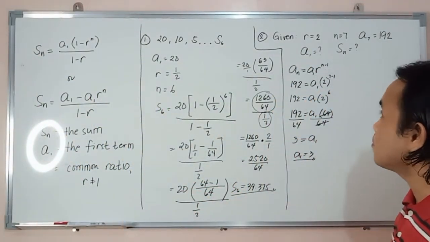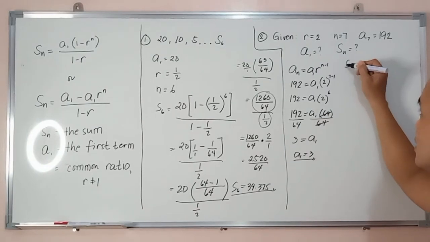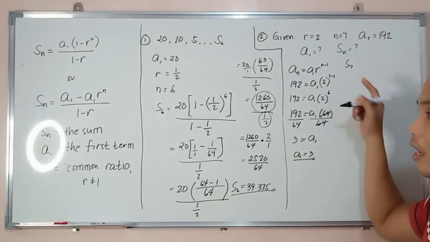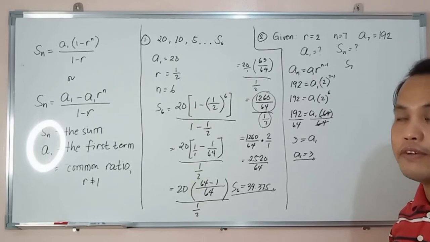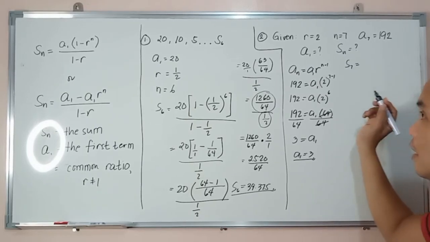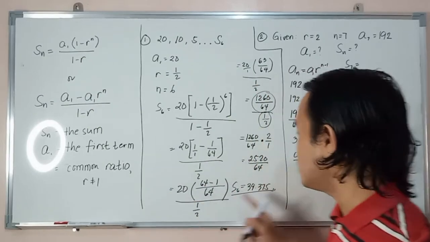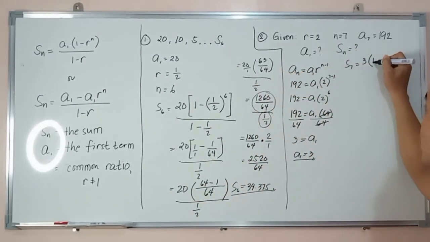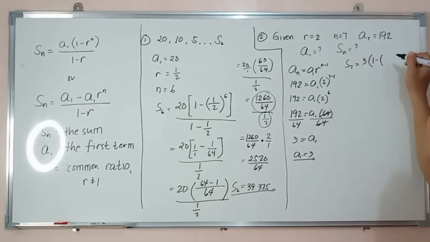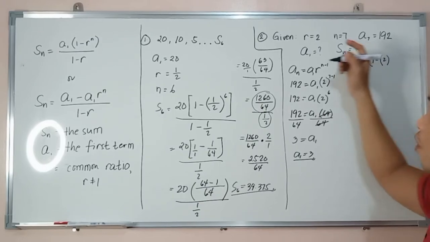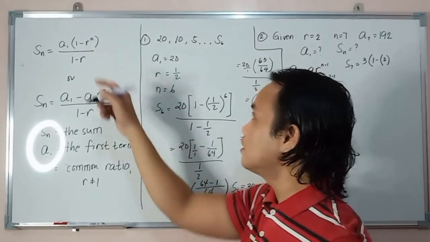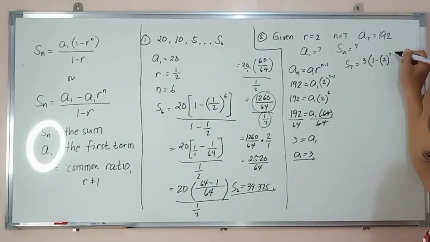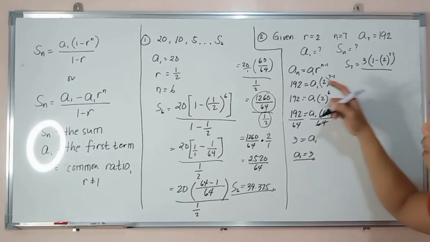So we substitute in our formula. Instead of writing s sub n, we will use s sub 7 equals. This time, we now have our first term, which is 3. So we write here 3 times, we copy 1 minus our r, which is 2, raised to n, which is 7, over 1 minus r.